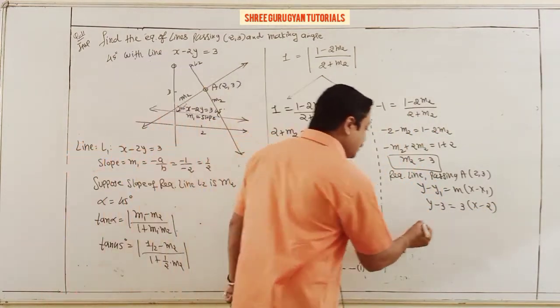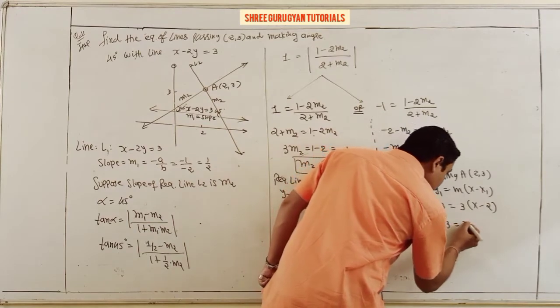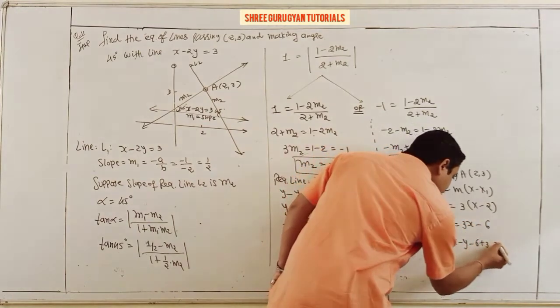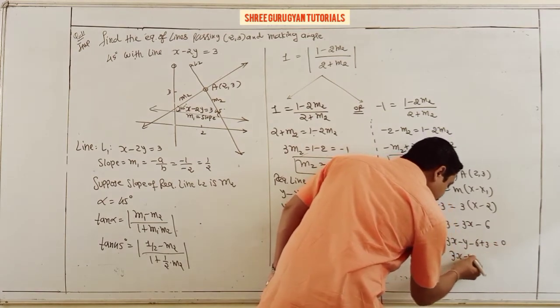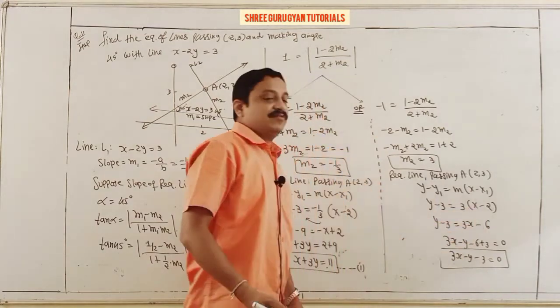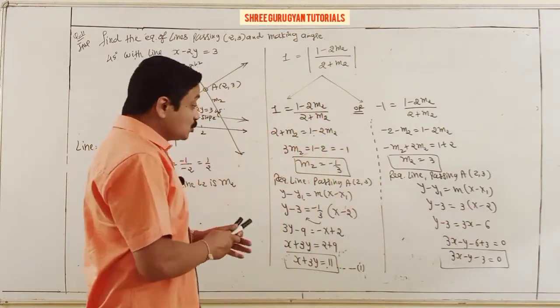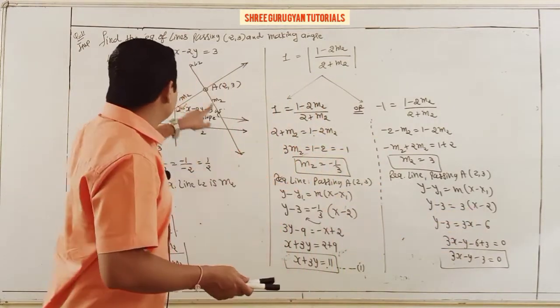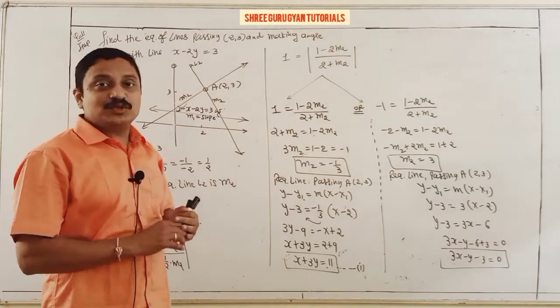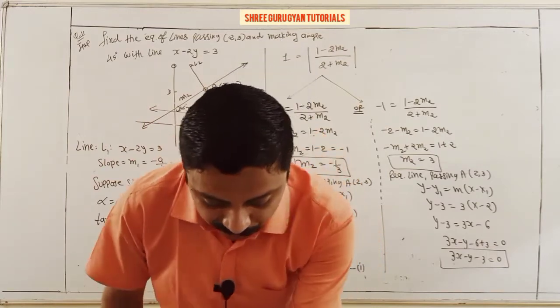The answer is y minus 3 equals 3x minus 6. So 3x minus y minus 6 plus 3, so 3x minus y minus 3 equals 0, since minus 6 plus 3 is minus 3. And here, students, these two lines are our answers for the equation of the line passing through (2, 3). Now I continue, students, with further questions similarly.